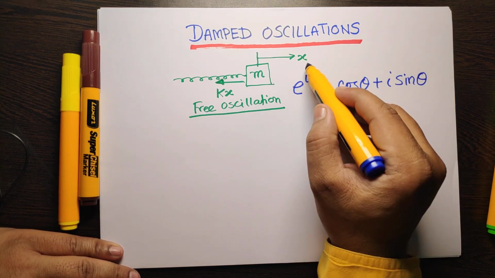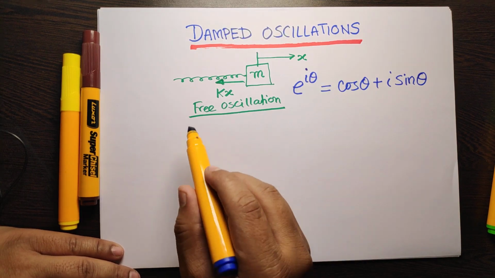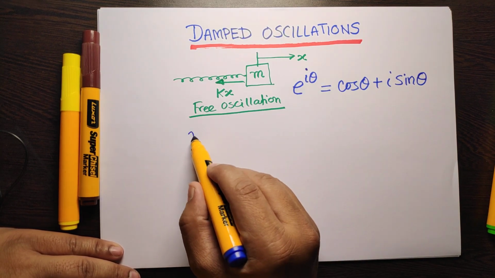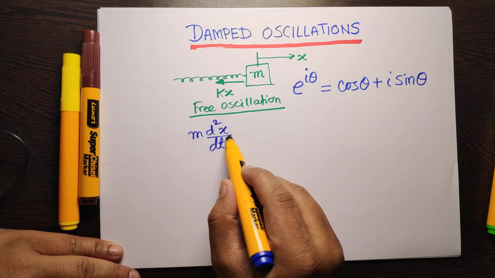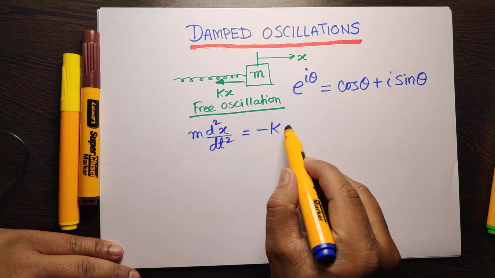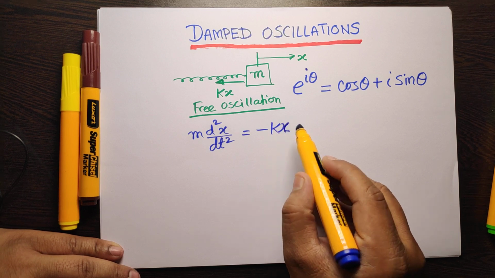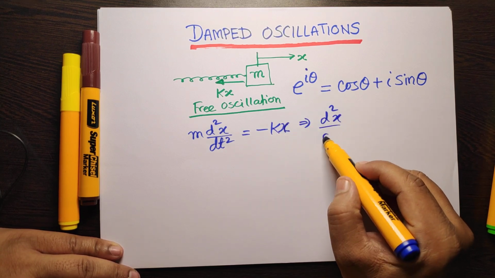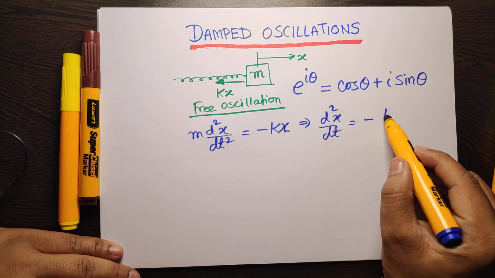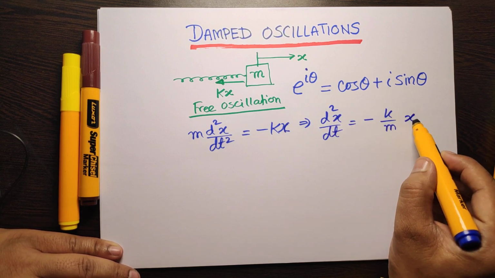And suppose this free oscillation, so m d2x/dt2 equal to minus kx, that is d2x/dt2 equal to minus k by m x.